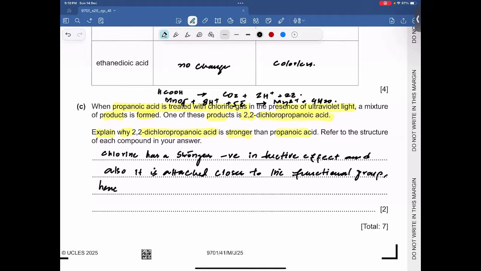Hence, ionization of hydrogen becomes easier. And also, chlorine stabilizes the anion.